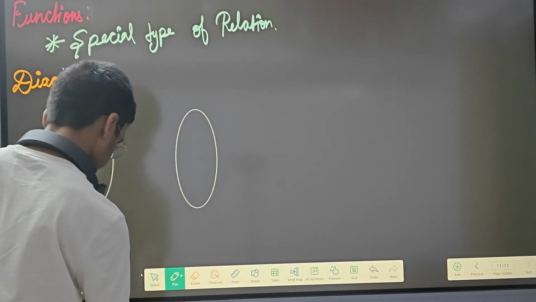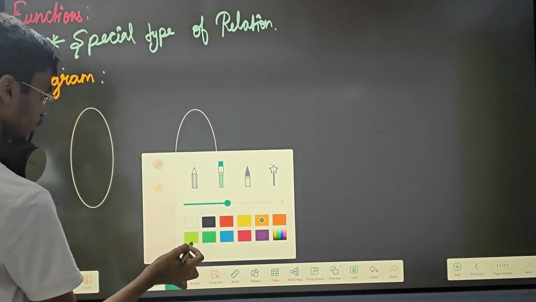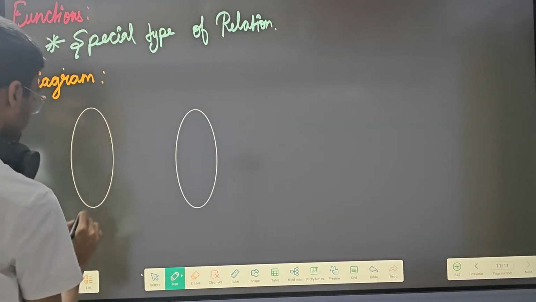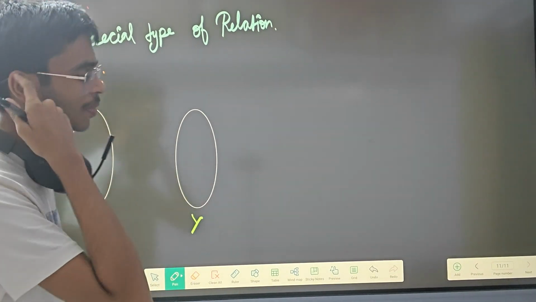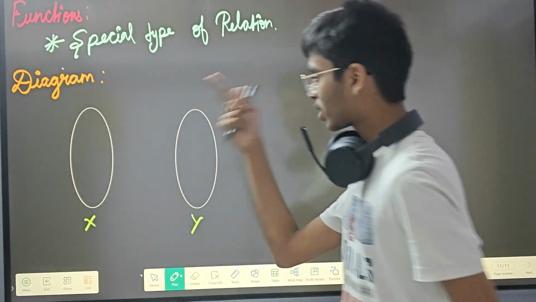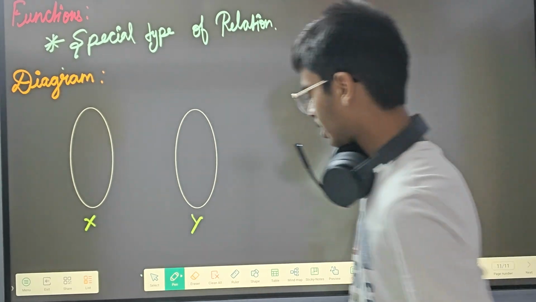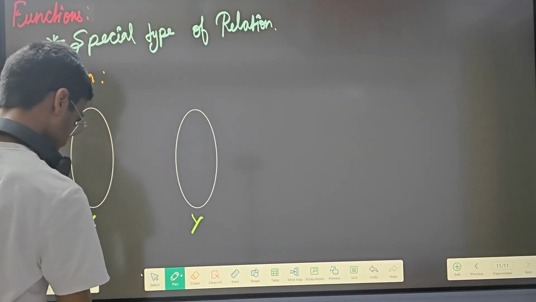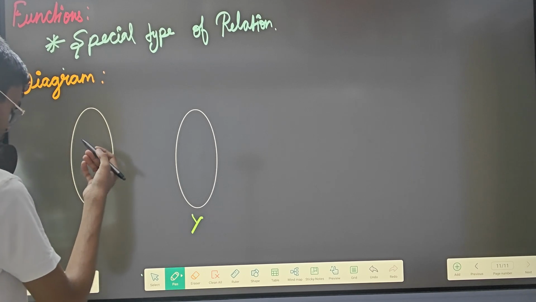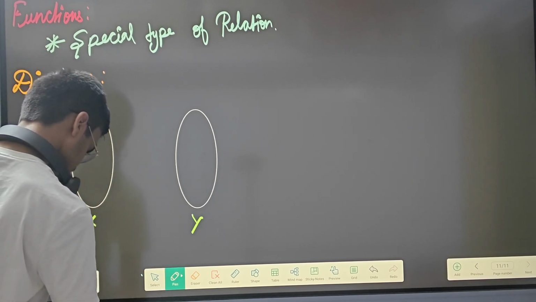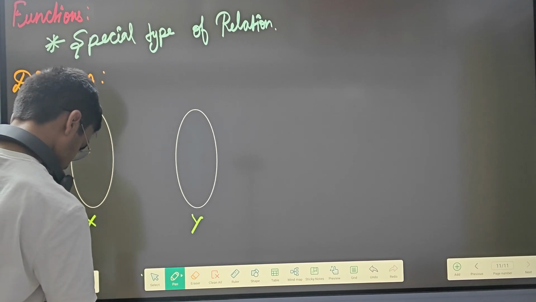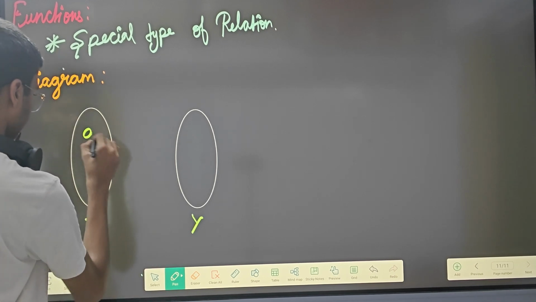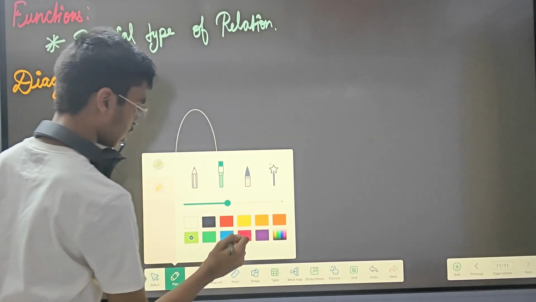So for an example, X means domain, you have to keep it, Y means range, because every time writing domain is making me kind of lazy. Okay, so I'll write in blue color.